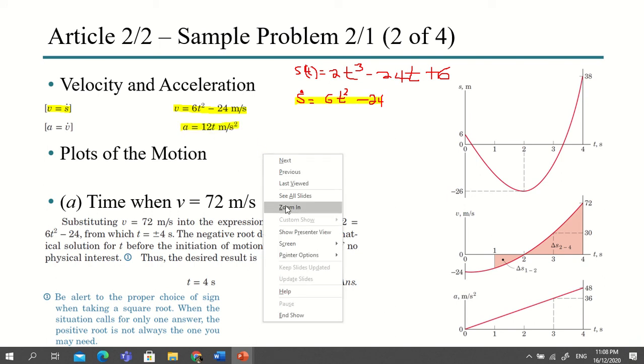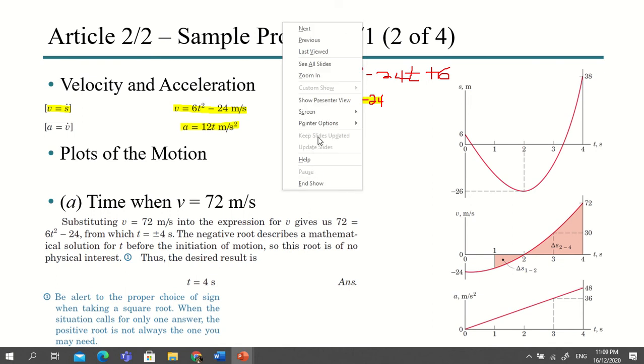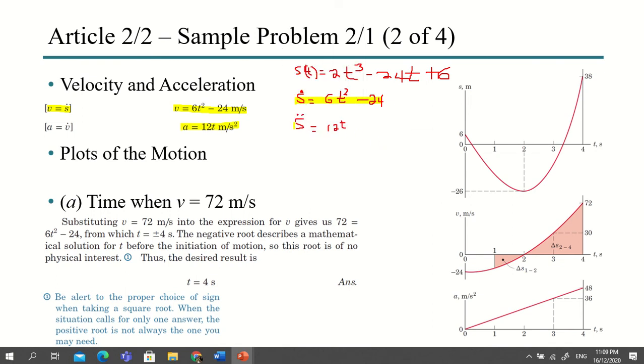It is the same as when you take the second derivative of s. The 2 dots here mean that you differentiate s twice, and this gives us 12t as well. So this is also our acceleration.